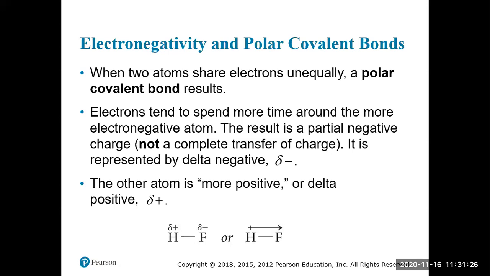So this second one with the HF and the little plus over the hydrogen and the arrow pointing towards the fluorine, that's probably the more common way of showing that you have that unequal sharing of electrons. And in this case, more of the electrons are over on the fluorine than the hydrogen.